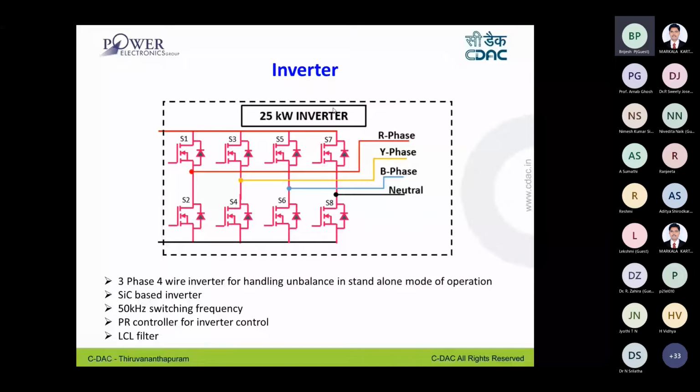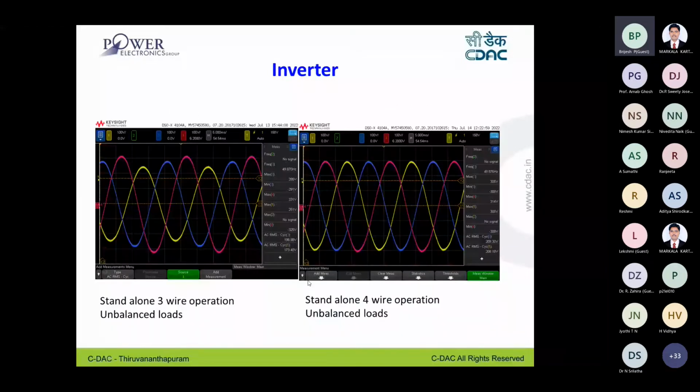When it comes to standalone three-wire operation, what you are seeing on the left side is a standalone three-wire operation of the same inverter. Here, an unbalanced load is connected to the inverter, and you can see the unbalanced voltage waveforms in this case.